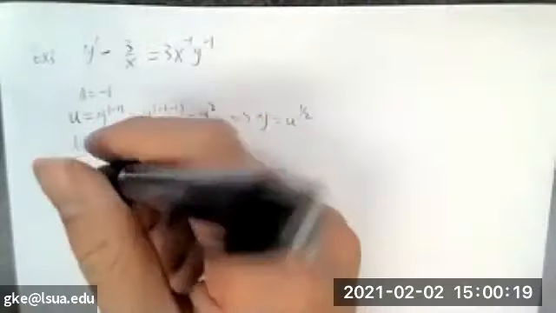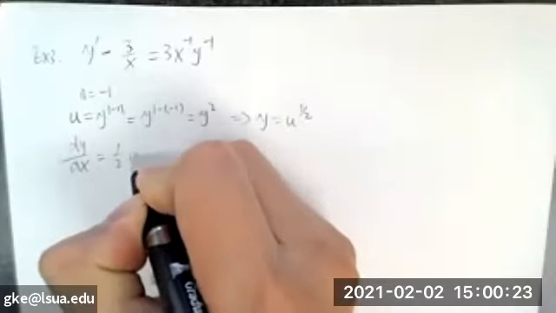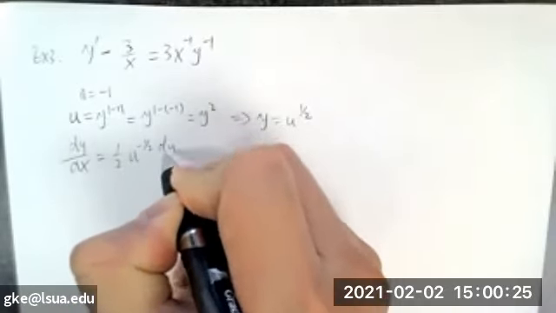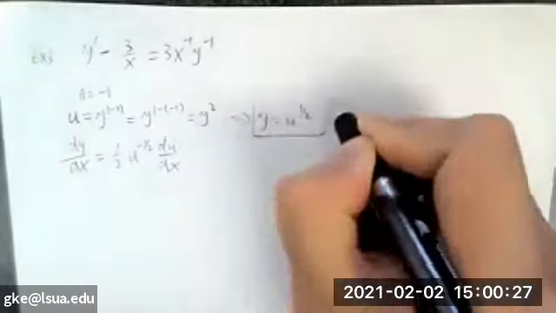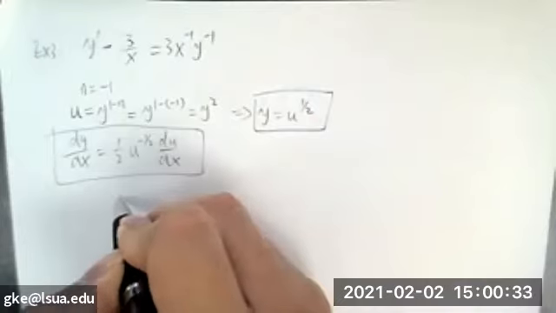Very similar to the last example. We use the power rule. We got this one. Now, actually, you need these two parts, right? And plug it back.